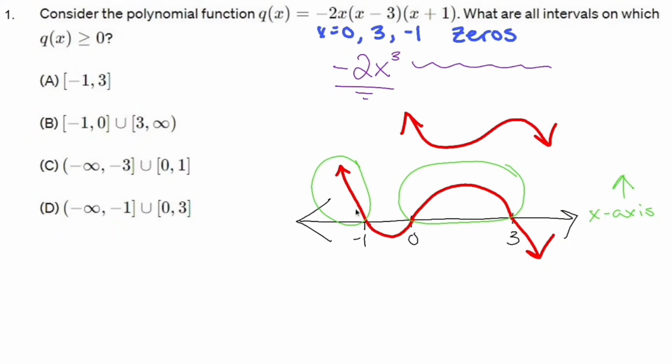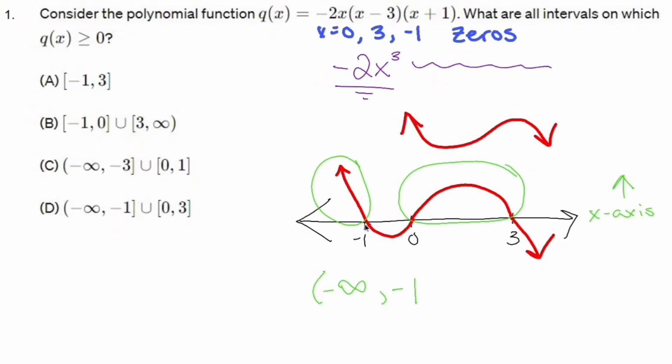So it looks like it's going to be positive above the line from wherever to negative 1. Well, we don't say wherever. We say negative infinity. I'm writing this out in interval notation because of the way this is given to us. So all the way from negative infinity all the way to negative 1.